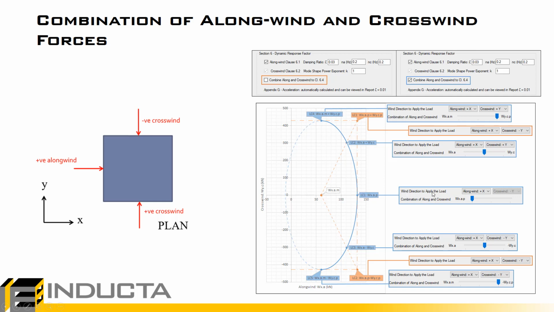The simplest one to understand is when the slider is all the way to the very left. So we have wind in the x direction, we have a peak value. When we have wind alongwind x peak, the crosswind value is grayed out. Why is this grayed out? If we remember the previous anemometer graph from one of the earlier slides, we had a peak gust wind speed and that was just occurring at an instant in time.